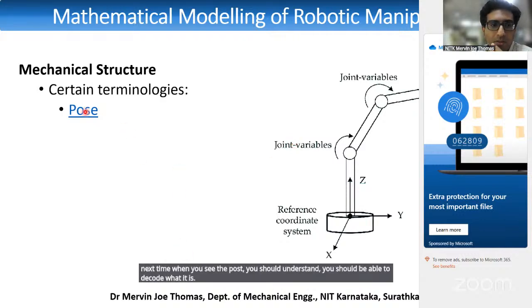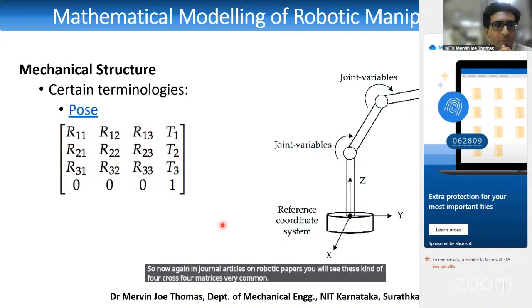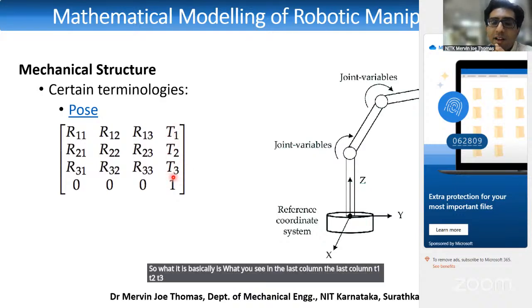So, how do we mathematically represent the pose? It is normally expressed as a 4x4 matrix. In journal articles or robotic papers, you will see these 4x4 matrices very commonly. What you see in the last column, T1, T2, T3, represents the position coordinates, that is, the x, y, z coordinates, which I already mentioned are known to us.